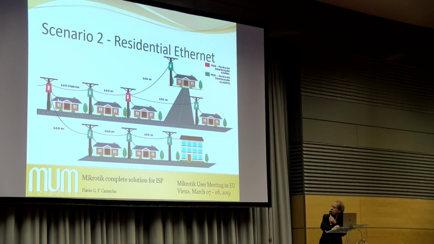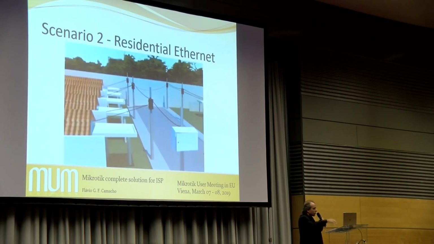One power box, cable to this house, another Ethernet cable, power box, Ethernet cable, power box, one house, cross the street, another power box, and moving, and you could go to all of a city. In this case here, we see 2 houses at the same power box.